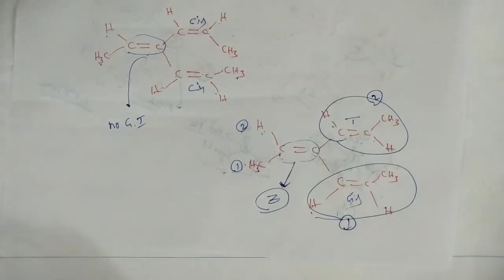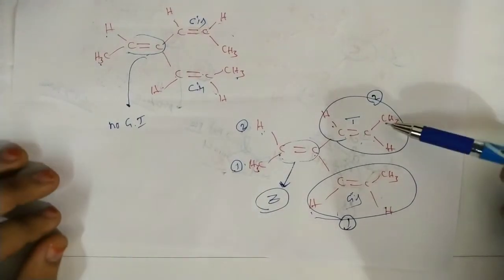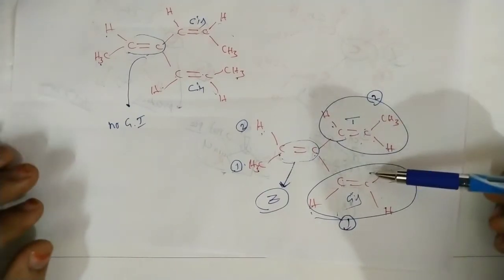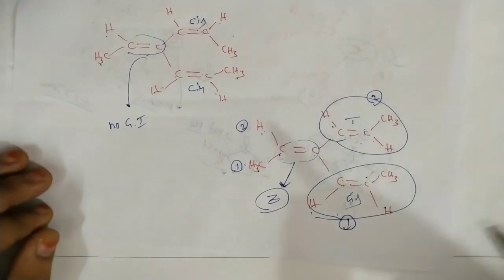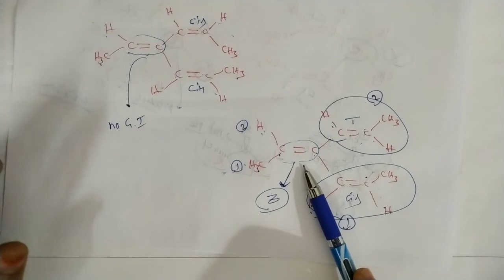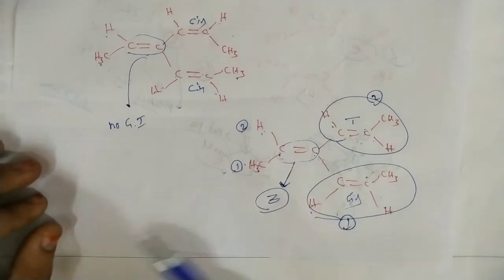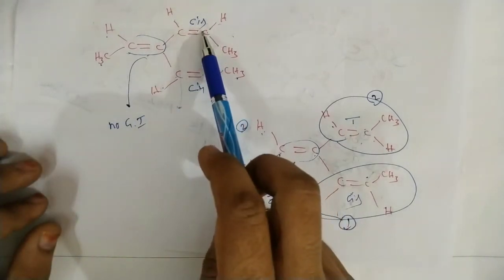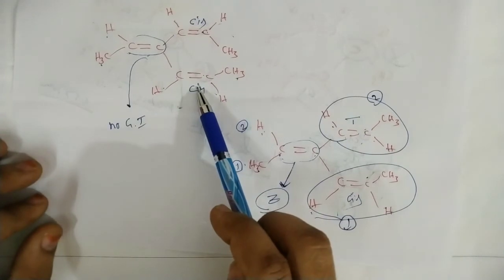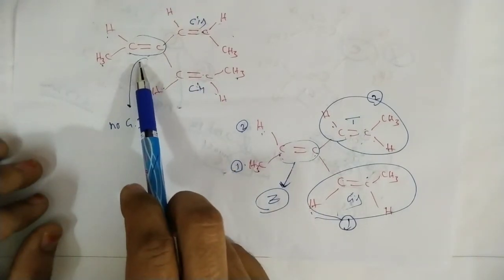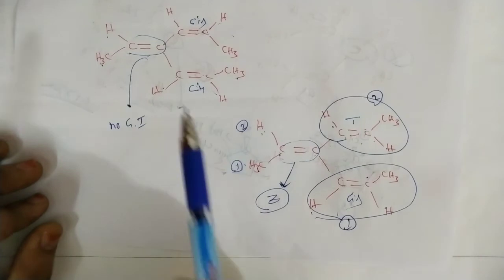Okay, that's it. Of course, in this compound, about this double bond geometrical isomerism is possible, about this one geometrical isomerism is possible, and about this double bond also geometrical isomerism is possible. And in this case, geometrical isomerism is possible and geometrical isomerism is possible, but about this double bond geometrical isomerism is not possible.